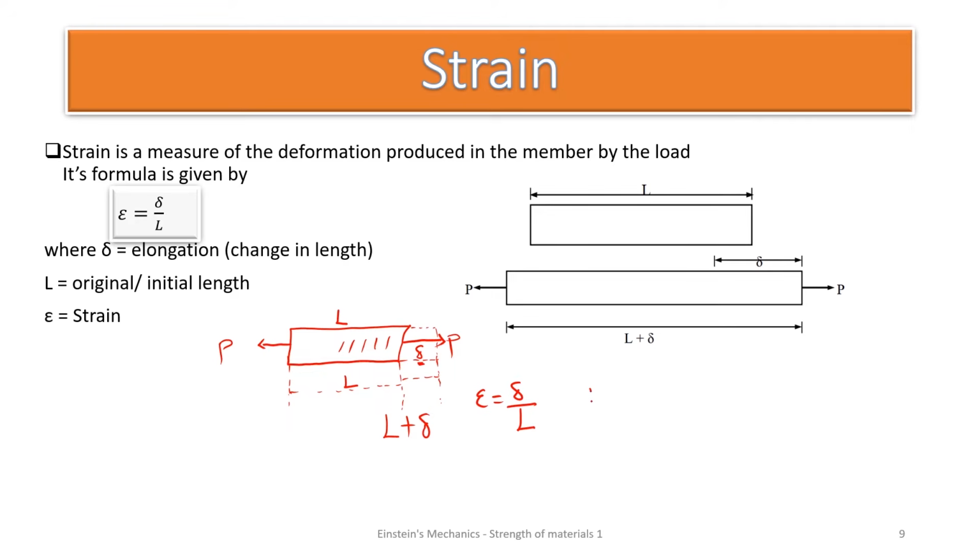Let's look at compressive strain. I have my member, and it is being compressed by this force P. Initially I still have my length L, but as the forces try to compress this bar, I'm going to have a reduced length.